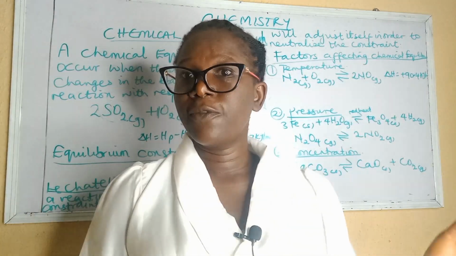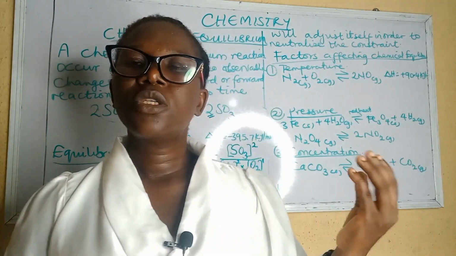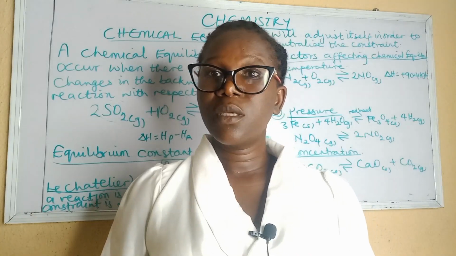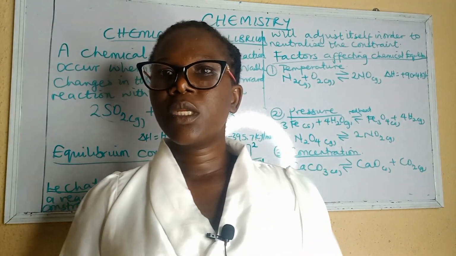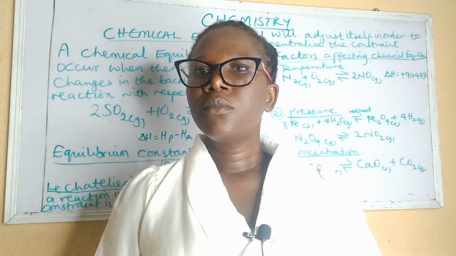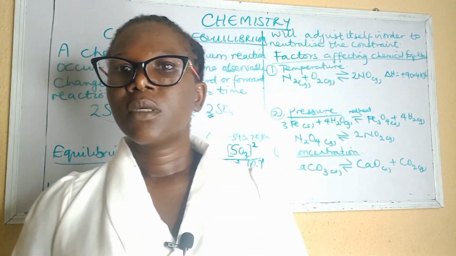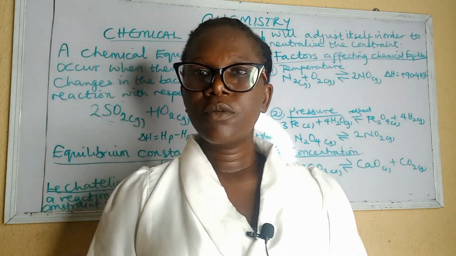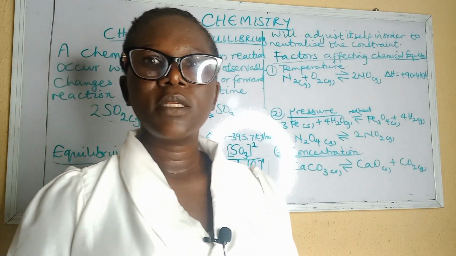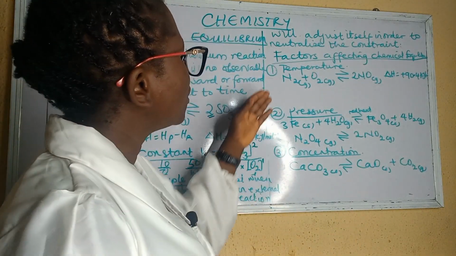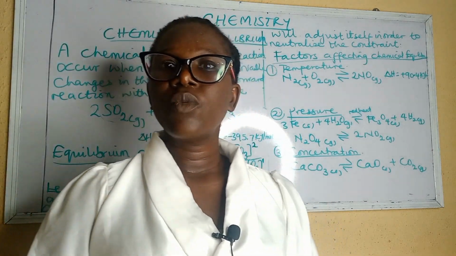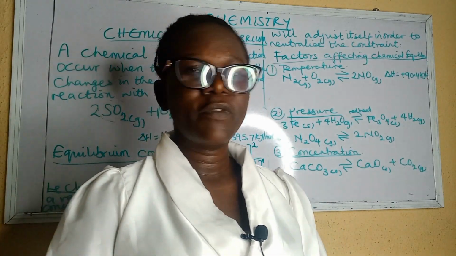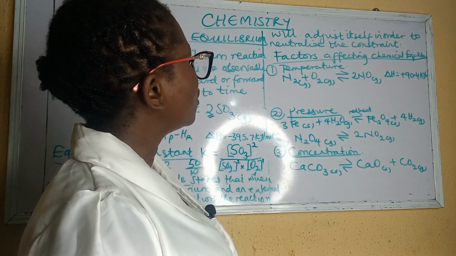This is unlike the rate of chemical reaction, in which we have about 6 factors: temperature, pressure, concentration, sunlight, surface area, and so on and so forth. But in this case, we have just 3 factors. Catalyst is not one of them. Under rate of reaction, we also have catalyst as one of the factors, but in this case, we have just 3 factors.